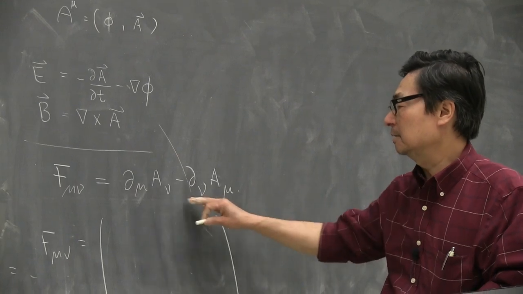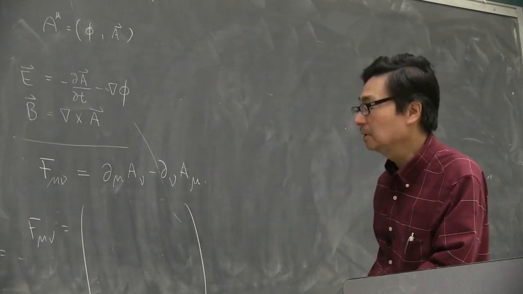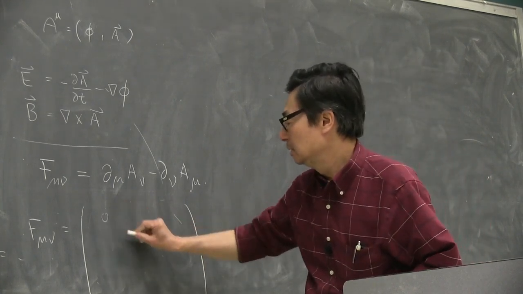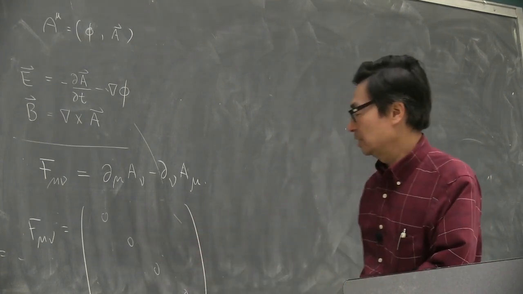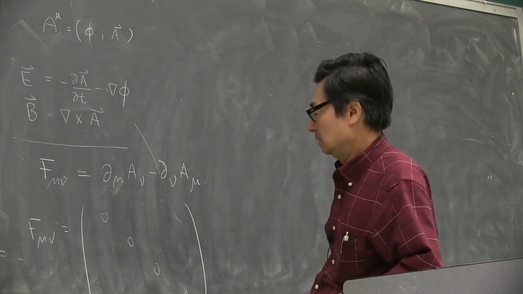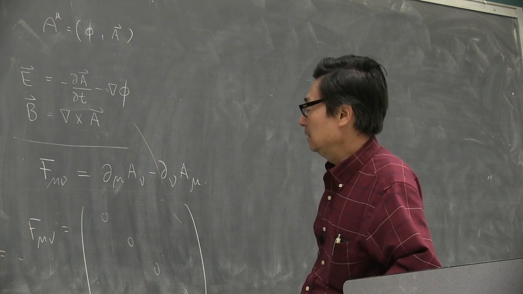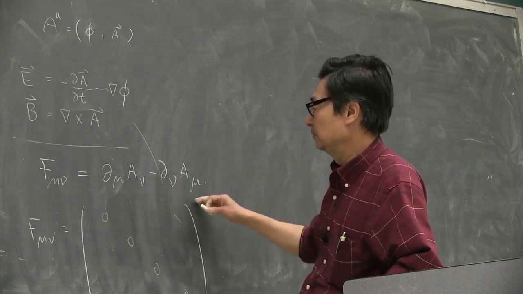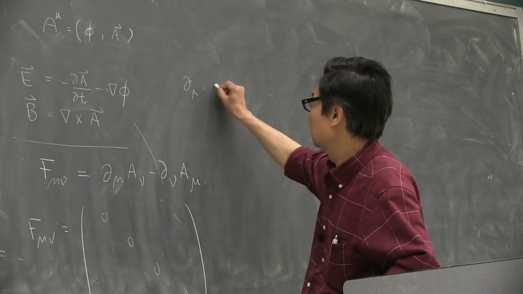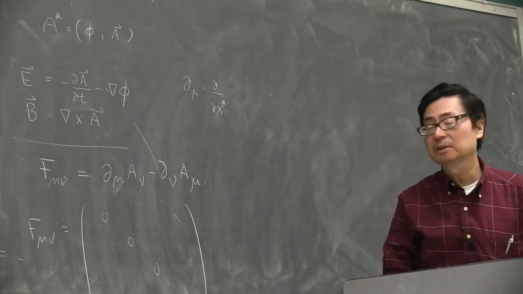Defined like this, it is clearly antisymmetric: F mu nu is equal to minus F nu mu. So the diagonal elements would all be equal to 0. And then it's easy to do the partial derivatives. Remember, d mu is just defined to be d dx mu, a partial derivative.